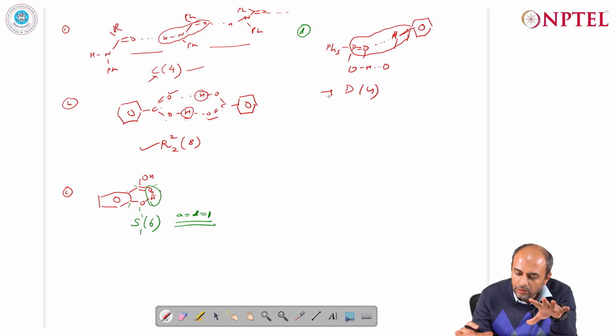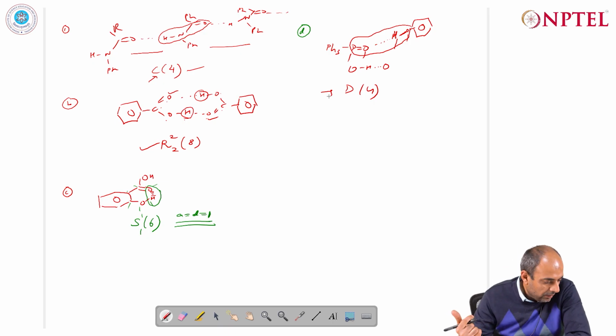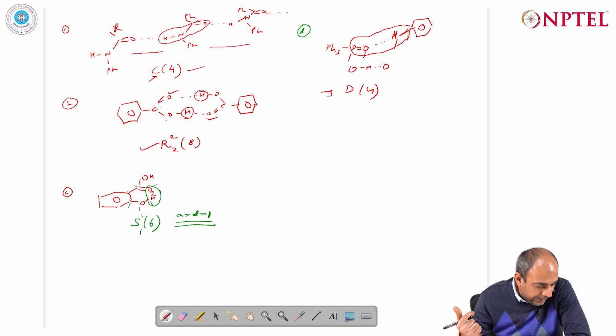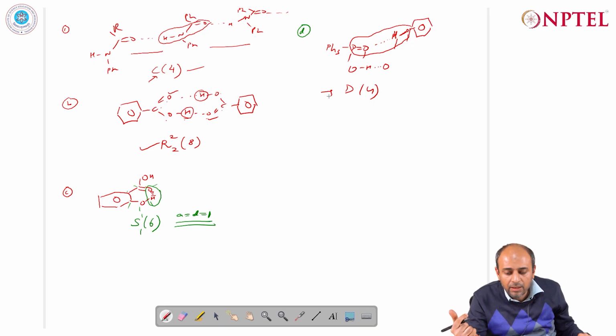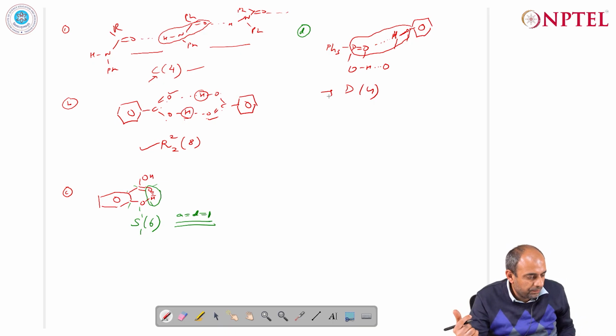So in an actual crystal structure, you can have more than one type of motif, and then as mentioned, you will have to consider every motif utilizing a different graph set descriptor, and the combination, the product of all these descriptors will represent the first level graph set for you.